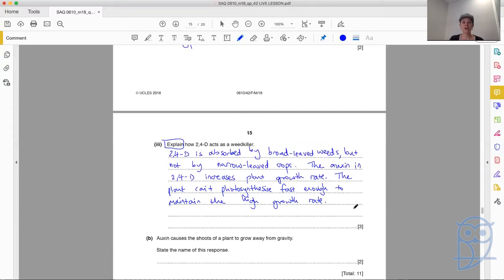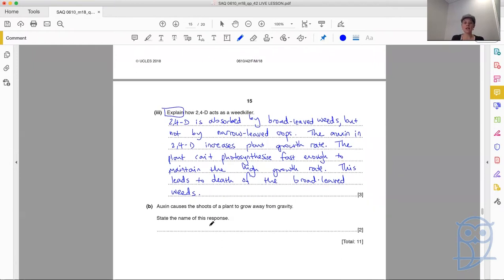So if you're growing faster than you are producing food, eventually you die. So this leads to death of the broad-leaved weeds. Okay, so that is how our 2,4-D is acting as a weed killer.